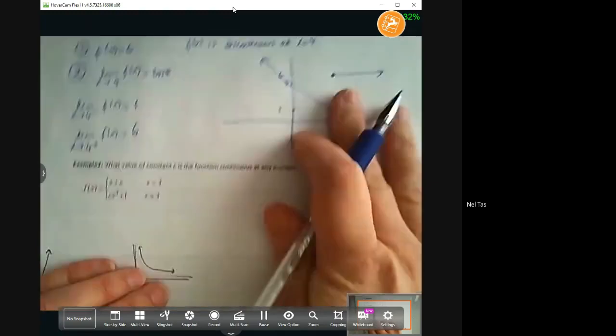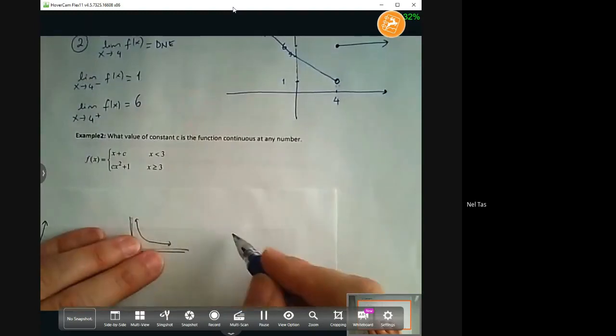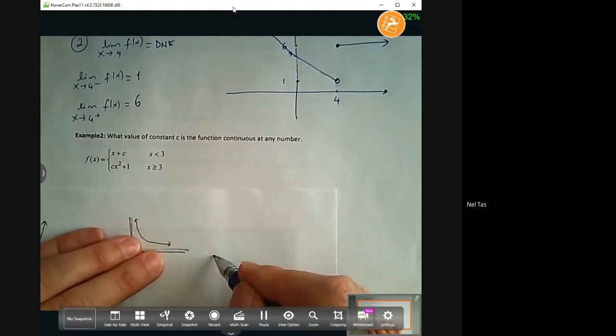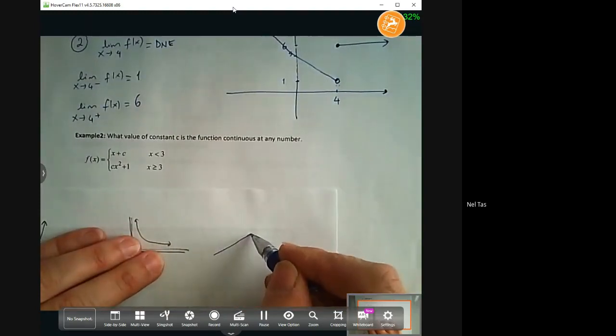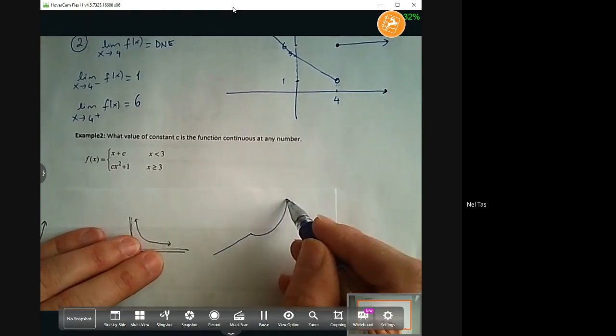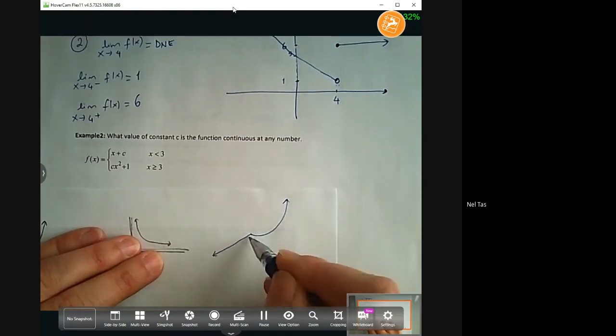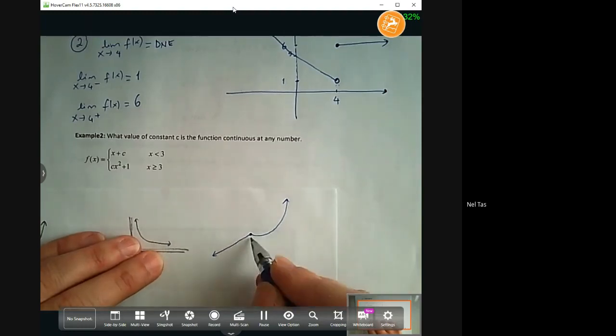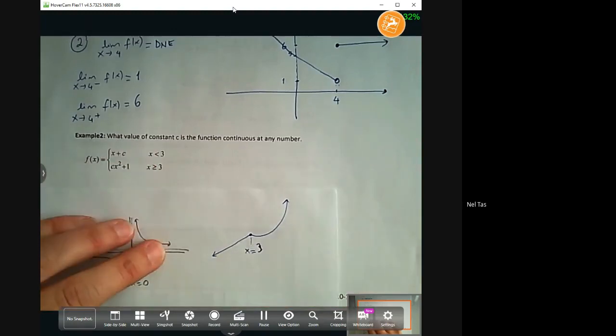Let's say you have a line and a parabola, 2 pieces. If these 2 pieces are attached, then the function is continuous here. Let's say that is x equals 3 for this case.